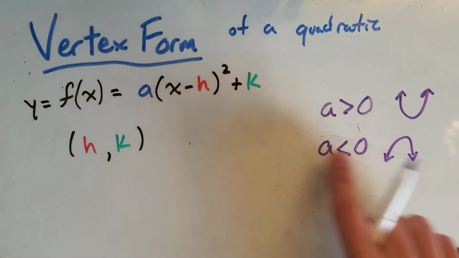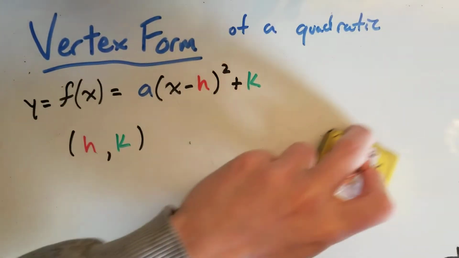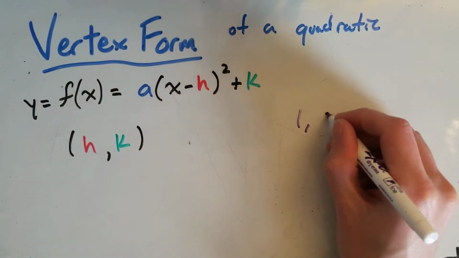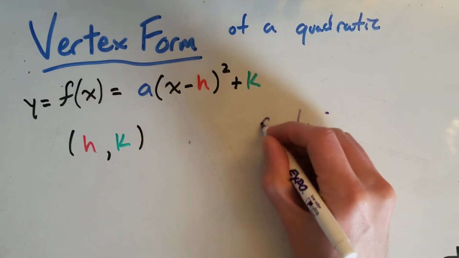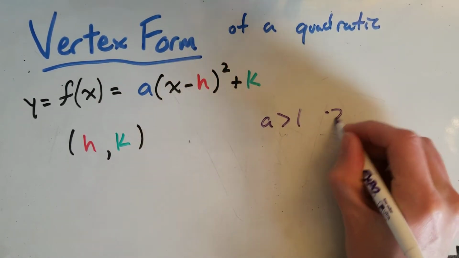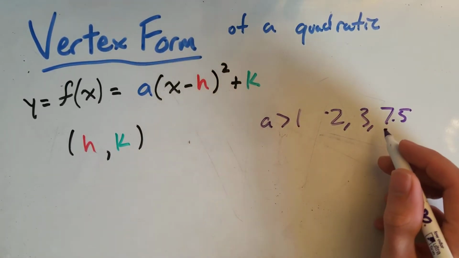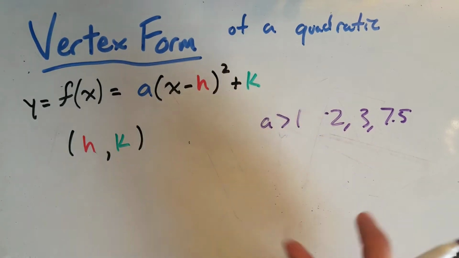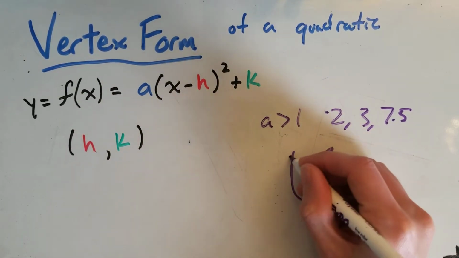And also, depending upon the value of a, if a is greater than 1, numbers like 2, 3, 7.5, any of these values, it's going to make the parabola kind of get more narrow. So it'll look more like this.